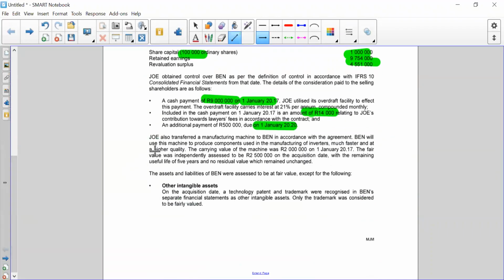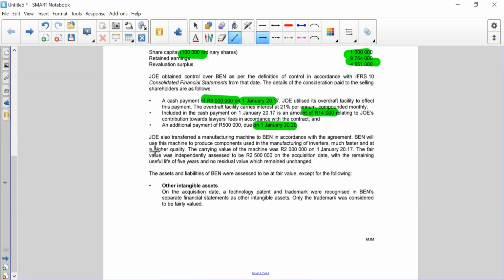Then they tell us Joe also transferred a manufacturing machine to Ben in accordance with the agreement, and Ben will use the machine to produce products used in the manufacturing of inverters much faster and at higher quality. The carrying amount that Joe gave up in this transaction is 2 million.